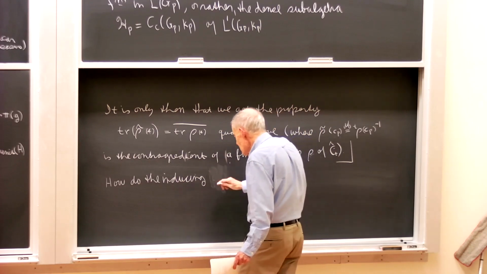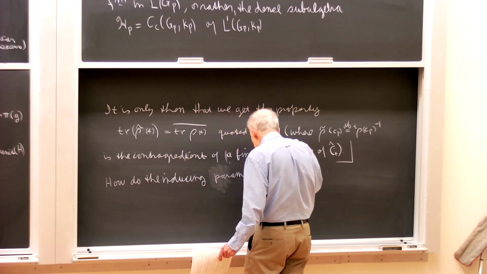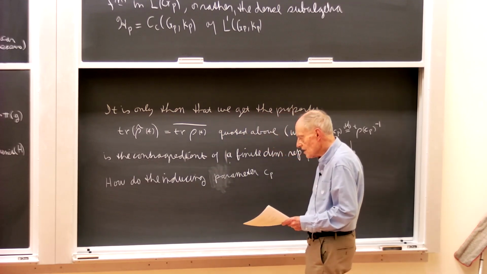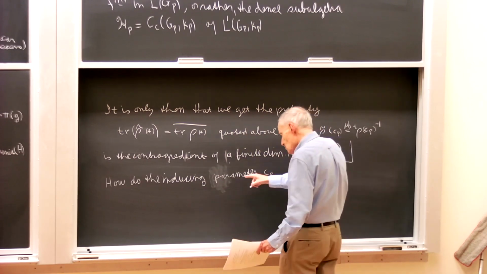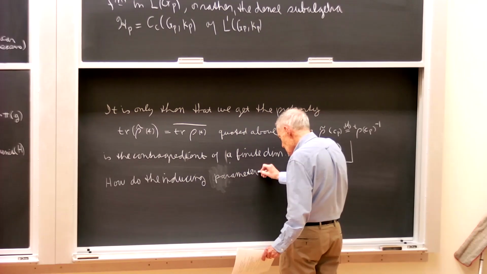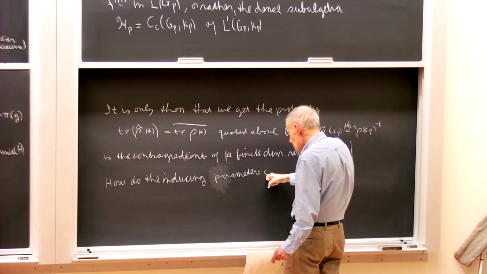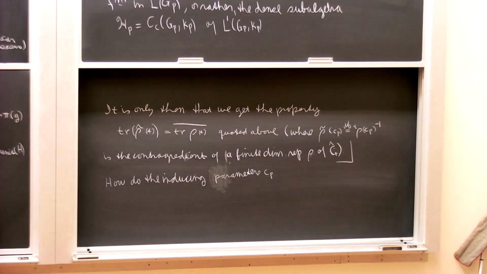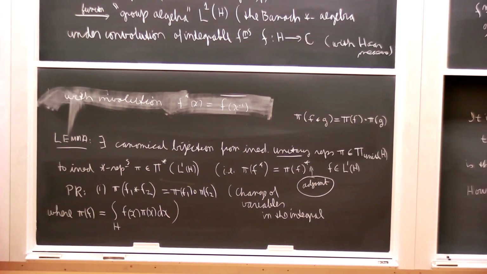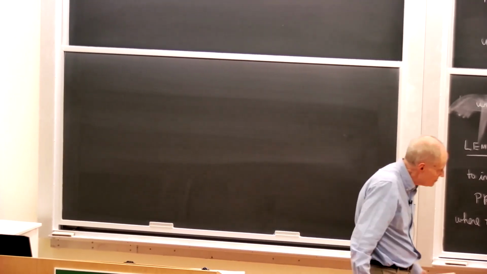I'm talking about it as an inducing parameter c_p, and so my question is, how do the inducing parameters c_p, which I've taken to be parameters for induced unramified representations of G_p, relate?